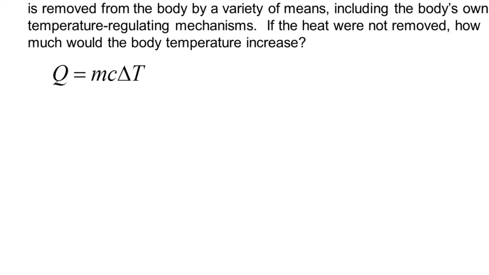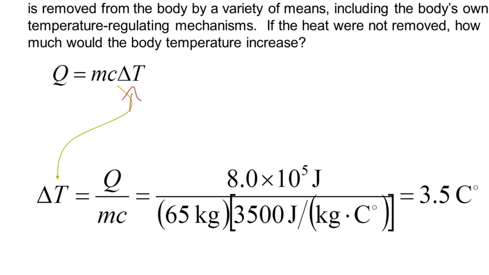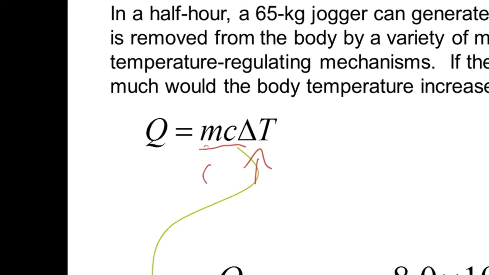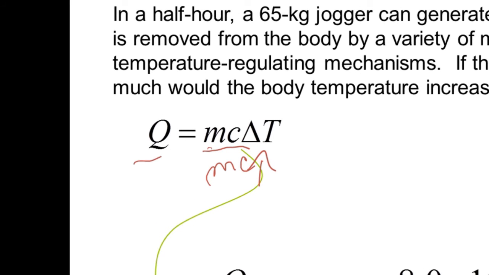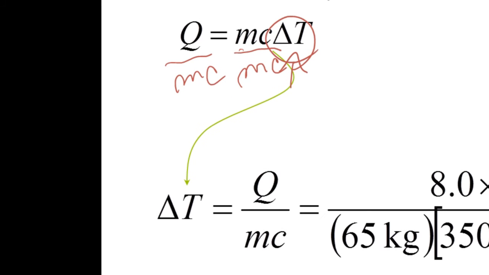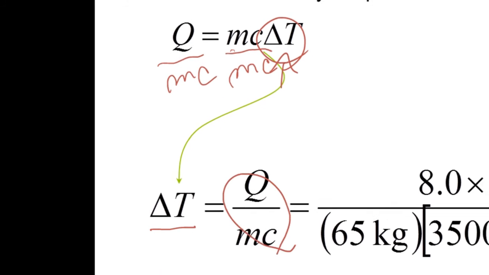Well, the amount of energy can be found by taking the mass times the specific heat capacity times the change in temperature. If we're looking for how much the temperature goes up, we are looking for delta T. So we divide both sides by MC to isolate delta T, and get delta T equals Q divided by MC.